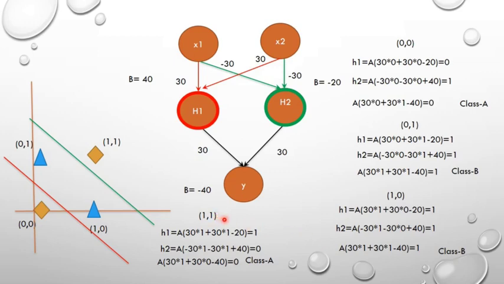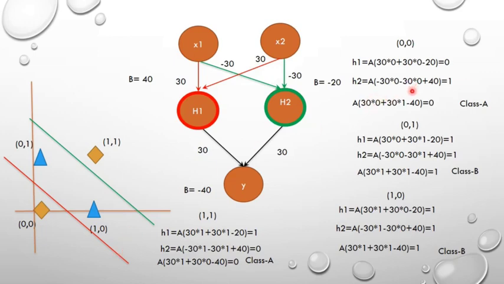Next, for coordinate 1 1, H1 classifies this coordinate to 1, but the actual answer is 0, which means the H1 neuron cannot classify this coordinate 1 1 properly. Here it performs misclassification, which means this point 1 1 actually belongs to class A, but the H1 neuron classifies it to class B. So if we want to represent this H1 neuron visually, then we can say this red hyperplane corresponds to neuron H1.